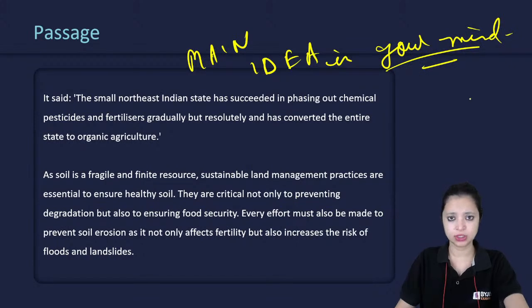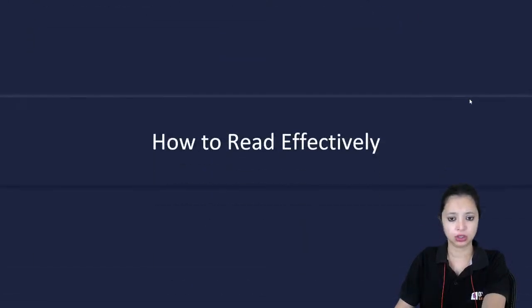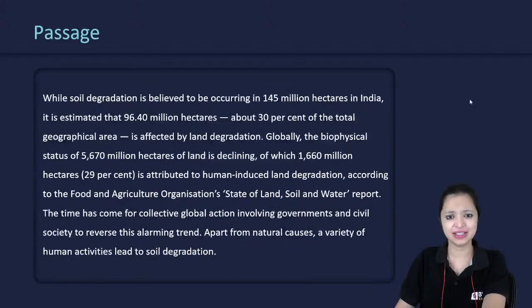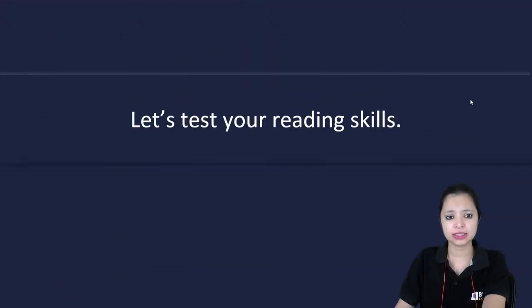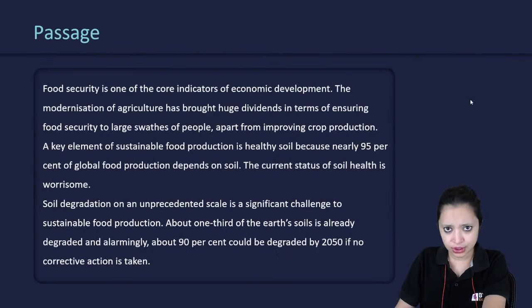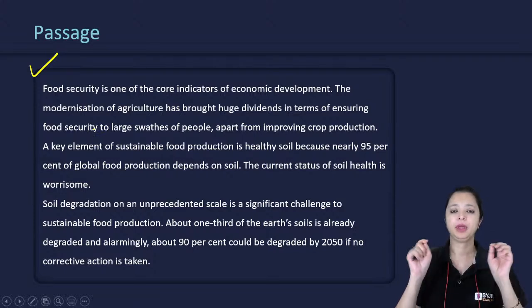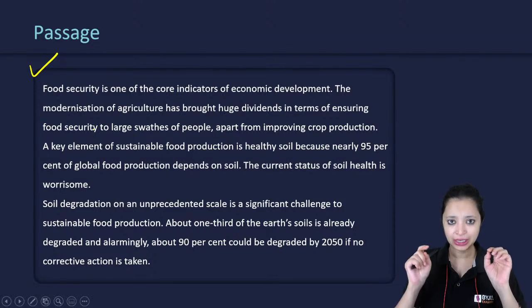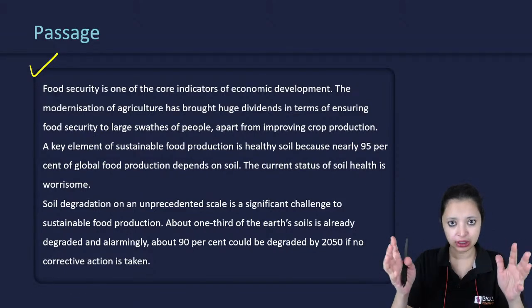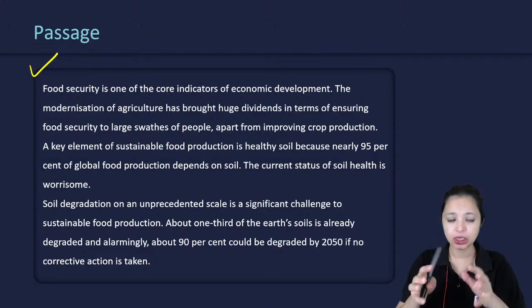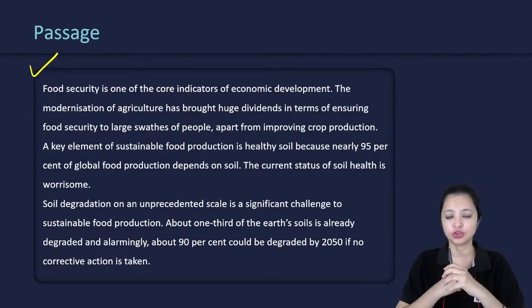Now let's go back to the passage. Let's identify a few lines that were important that I should have paid attention to while I was reading the page. Page number 1. Point out one line or 2 or 3 lines that you think were very, very important in the page.